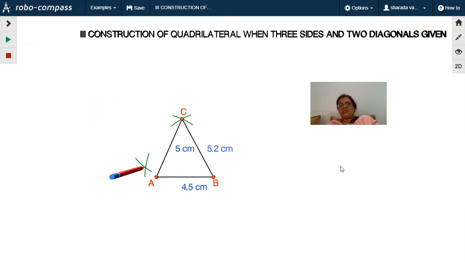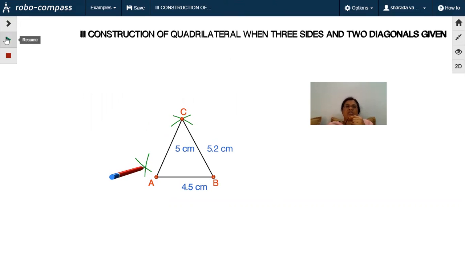And with the center B, we know the diagonal length. What is the diagonal length? That is 5.4 centimeters. So with the diagonal length of 5.4 centimeters, you have to keep the pointer at B and draw this arc.